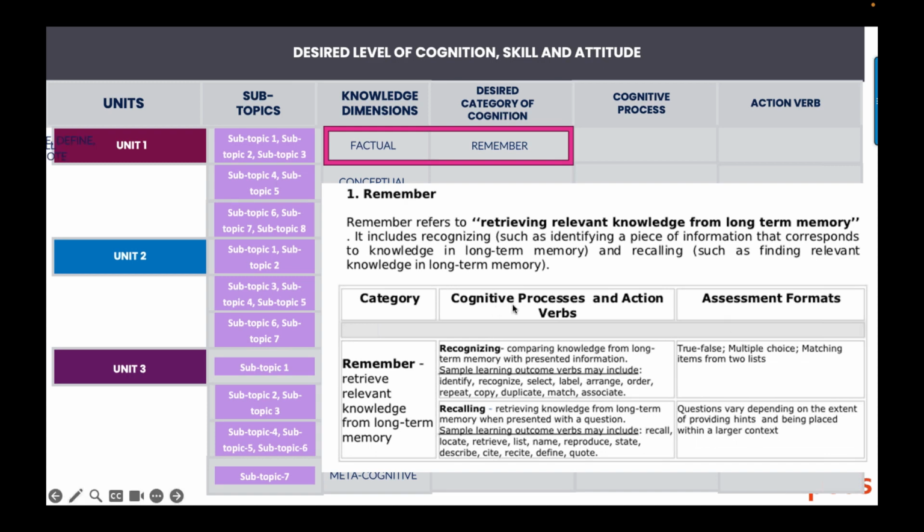If now I want them to reach recall, I'll use different action verbs like describe, define, quote, and this is a direct input to me now to design the questions, isn't it? Nothing more is required.